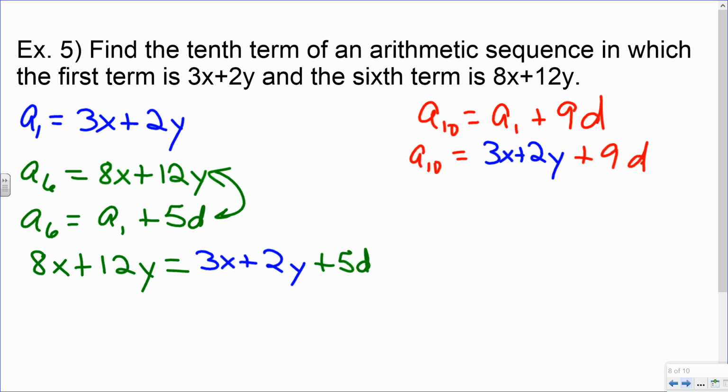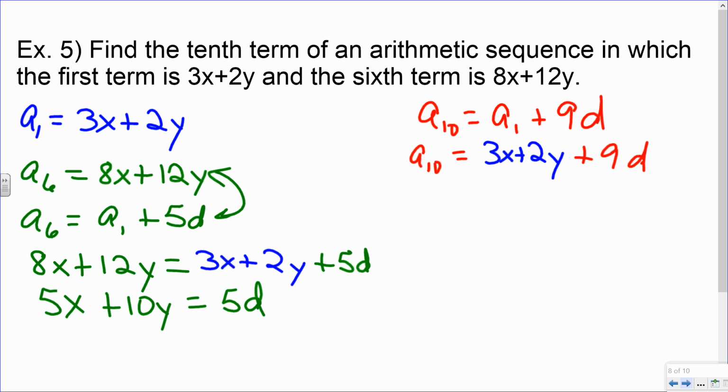Can I solve that for d? So Gina, help me out. What do I need to do? What does that give me? So if I subtract 3x on both sides, I've got 5x, and then subtract the 2y, so I have plus 10y, and that's 5d.